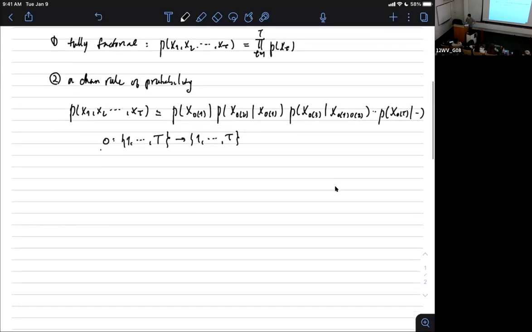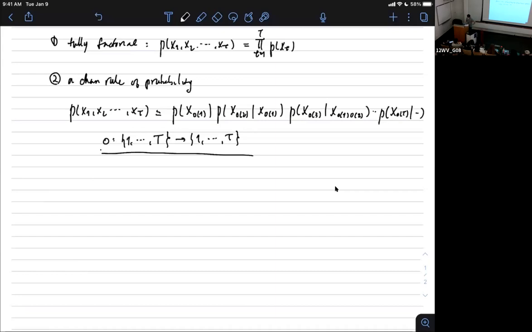If I am looking at the joint probability of however many variables I have, I can always rewrite it as the probability of one variable times the probability of another variable given that variable, times the probability of yet another variable given the previous two, and on until we exhaust all the random variables.